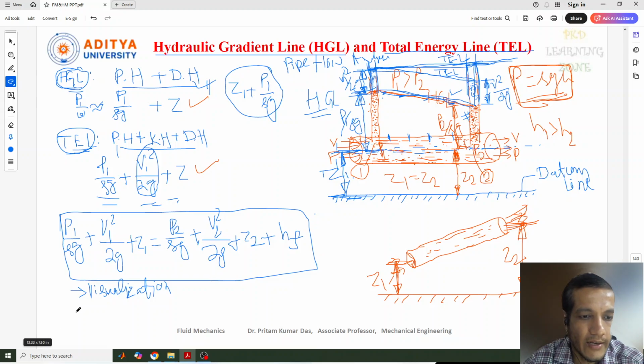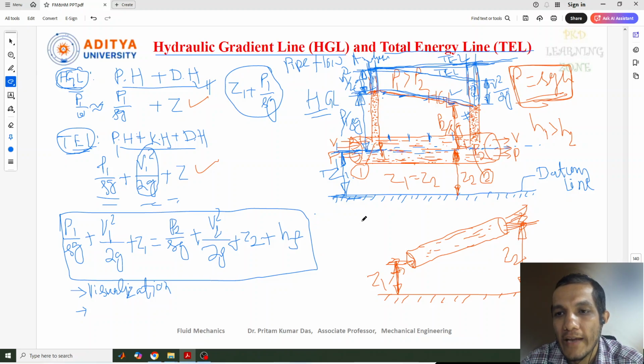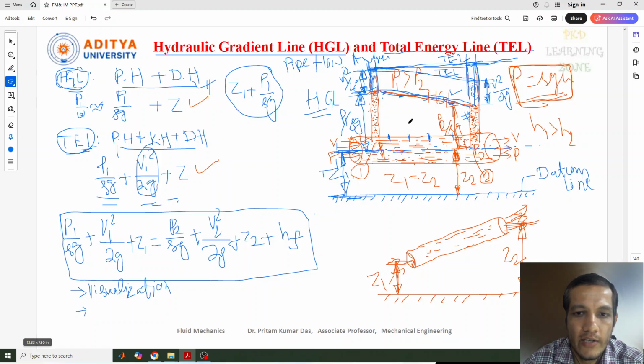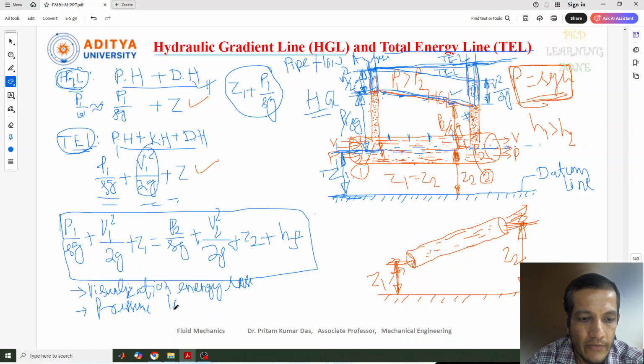And next, the pressure. As I told you, here P1 and P2, visualization of energy losses. And what about the pressure difference in the pipe? That also can be identified.